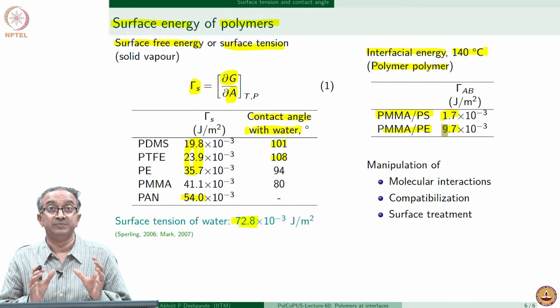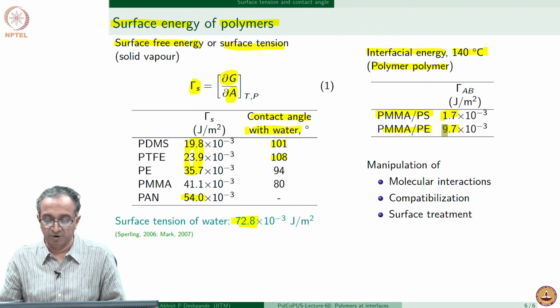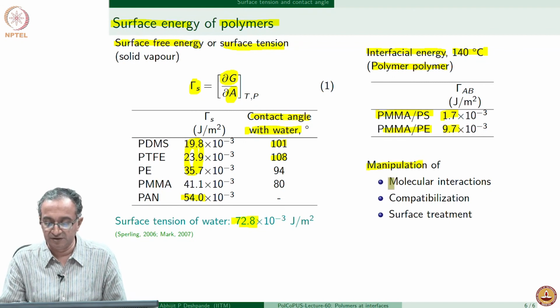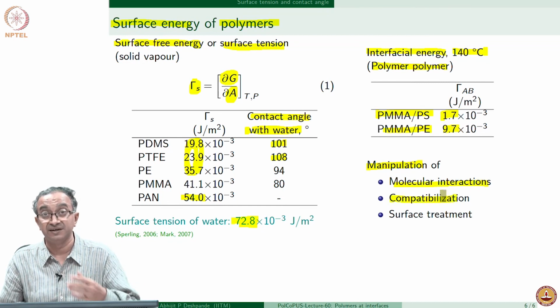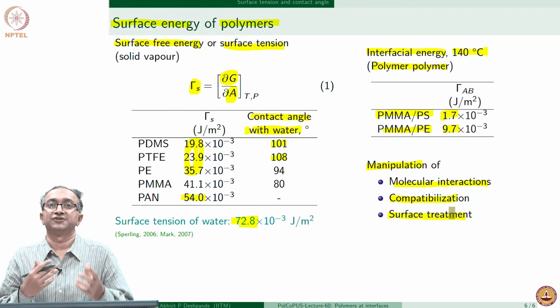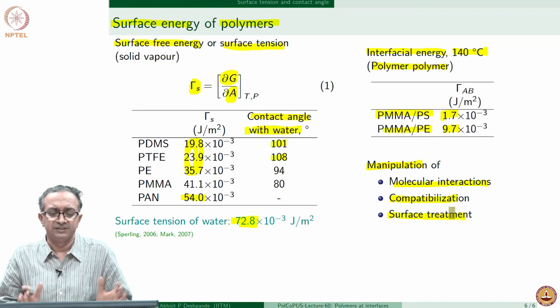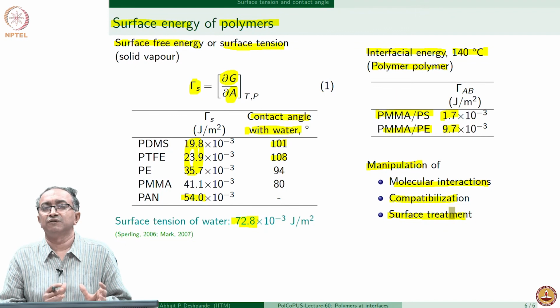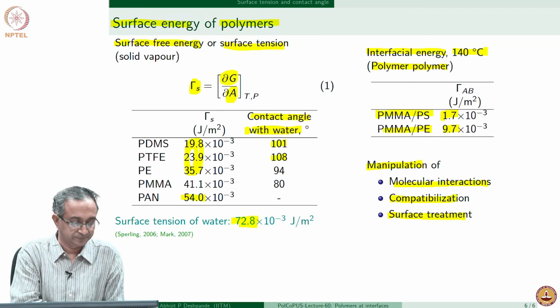And so, these interfacial energies can be modified by manipulation of molecular interactions. We can compatibilize by adding another substance, and we can also do surface treatment by grafting, by adding functionalization and so on. So, this is a rich field which is very useful from the point of view of applications, and there is a lot to understand here in terms of basics.